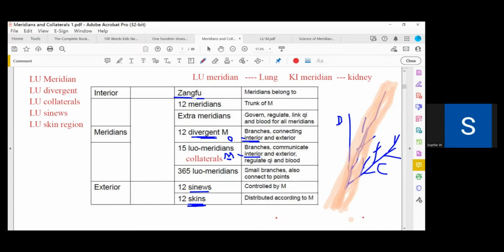That's the lung, right? And this one, for example, that's the large intestine, right? Large intestine, there's special branch. That's the divergent. And this one, that's the collaterals, right? There's some other branches. And also there's skin.